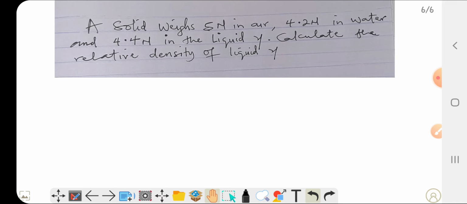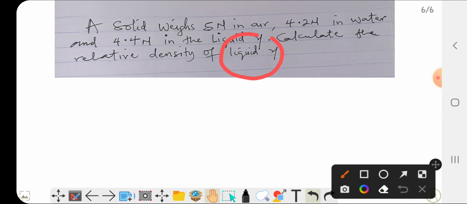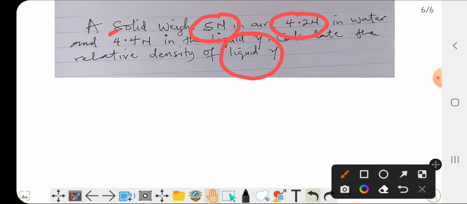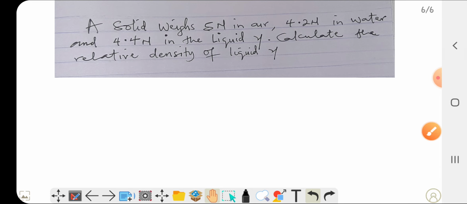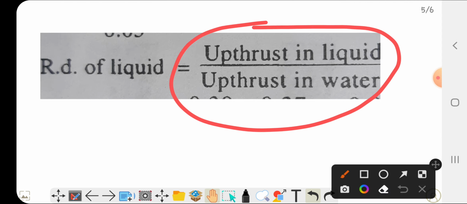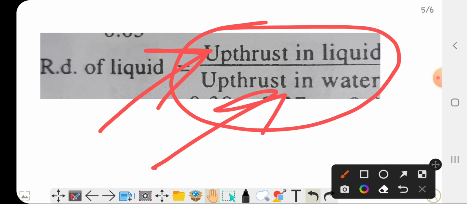Since they're asking you to calculate the relative density of the liquid Y, and they said it weighs 5 Newton in air and 4.2 in water, that means we can get the upthrust in water, and it now weighed 4.4 Newton in that liquid, then this work is very easy. This particular formula will help us out well. We'll just get the upthrust in the liquid and divide it by the upthrust in water. We are still comparing it with that of water.